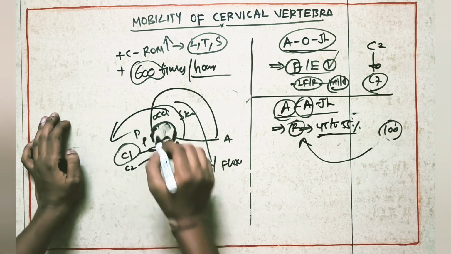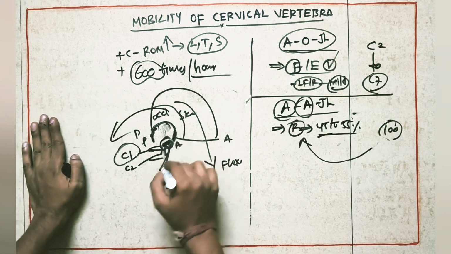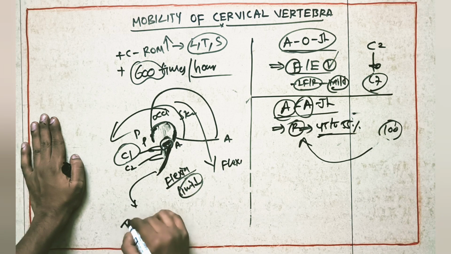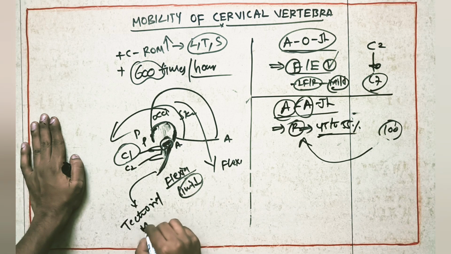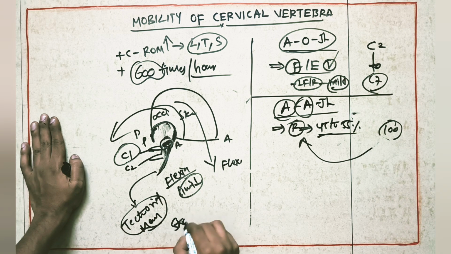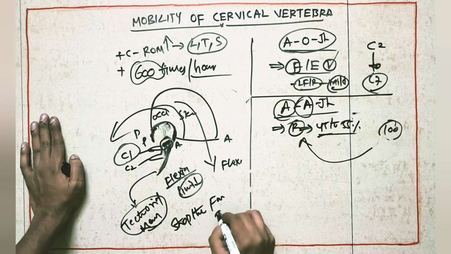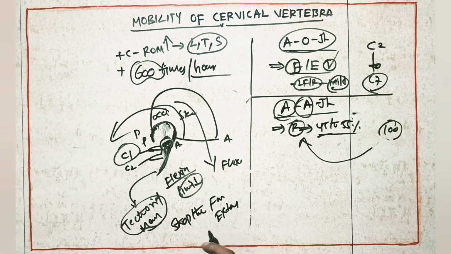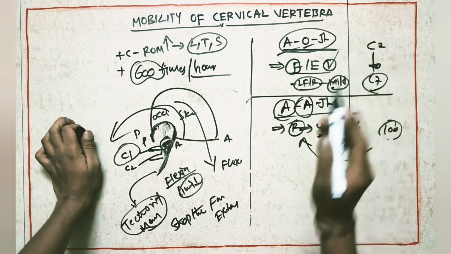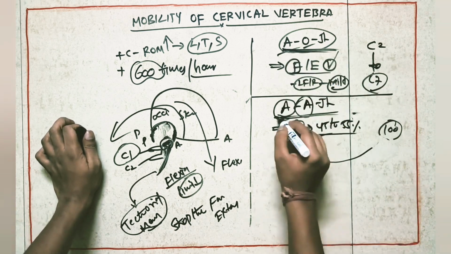If the patient is doing extension, the ligament present here, the tectorial membrane, is going to stop further extension movement. So this is one special point we should remember about the atlanto-occipital joint.